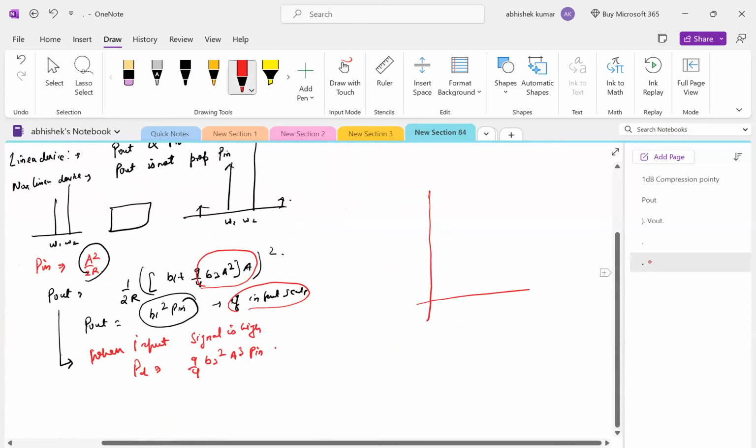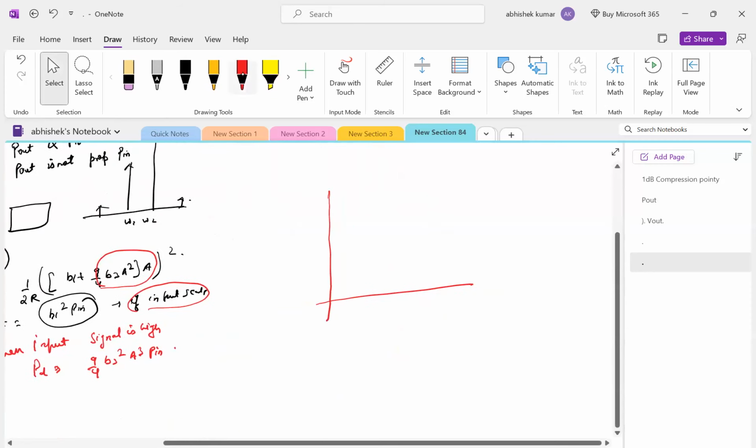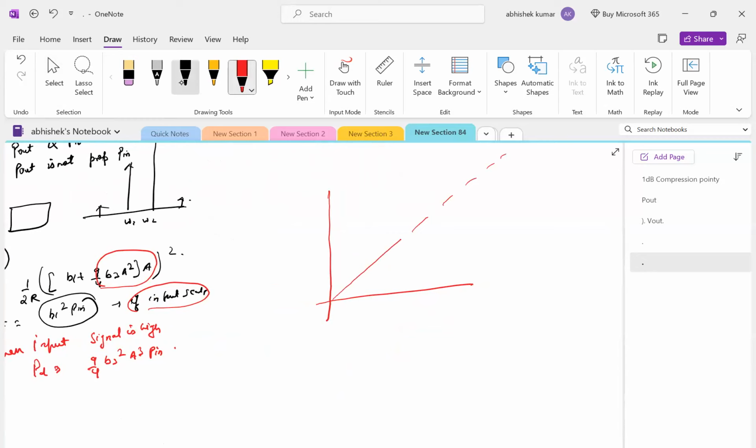Originally we were expecting that our curve will go in that fashion. But due to the unwanted signal, our curve follows this path, and this is known as your IP3.